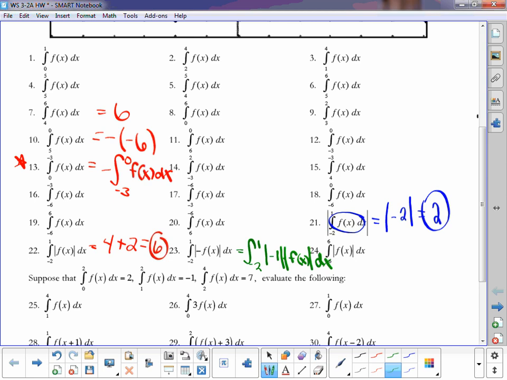And absolute value of f of x is going to be, I think we did that earlier. Here it is. So what this ends up being is just simply from -2 to 1 of the absolute value of f of x. Okay, so I think that looks the same as 22 to the opposite. Questions with that?